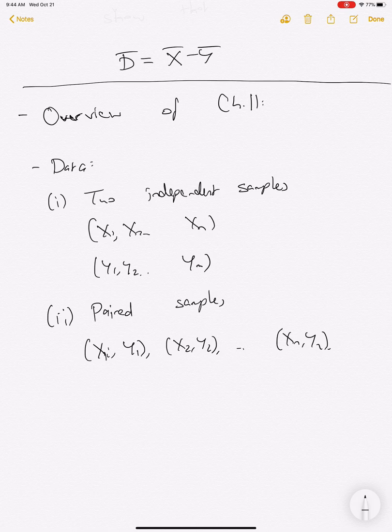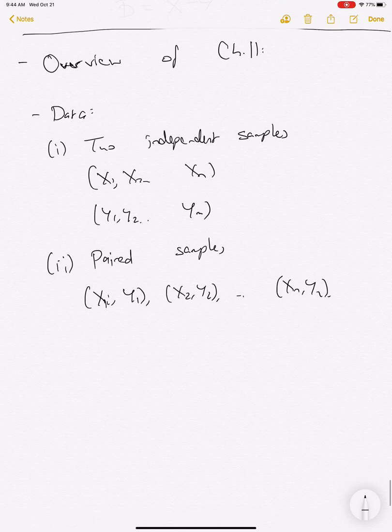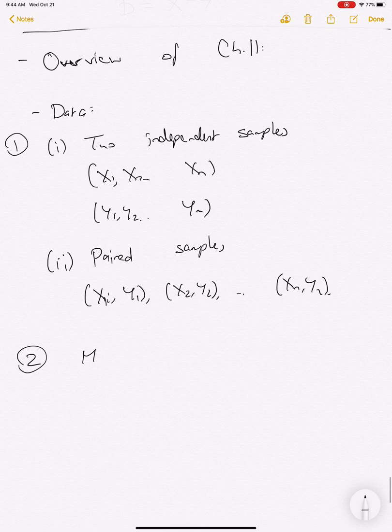And so you can think of this as component one of the framework, the model slash parameters.